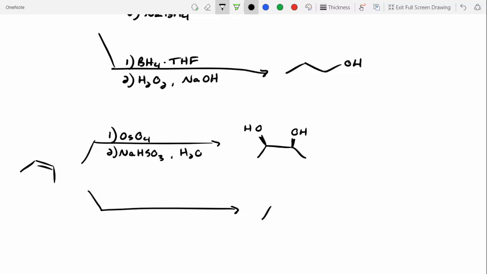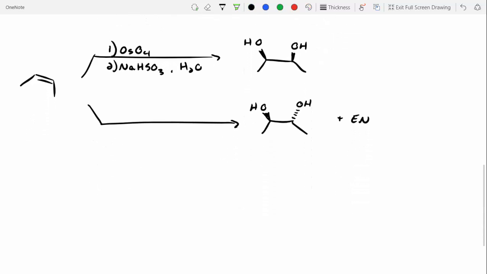All right, the other one that we had creates a mixture of enantiomers where the alcohols add anti to one another. What reagent do we need for this reaction? MCPBA for the first step.